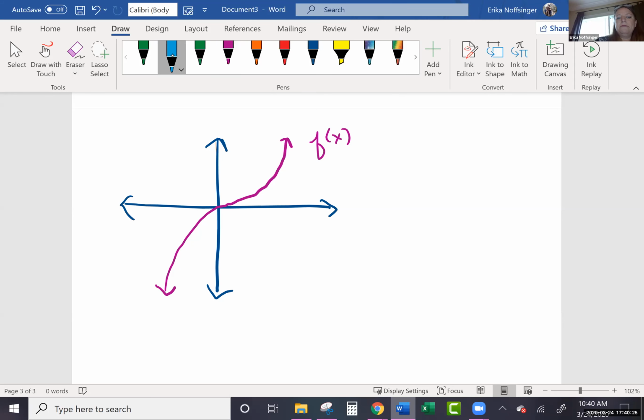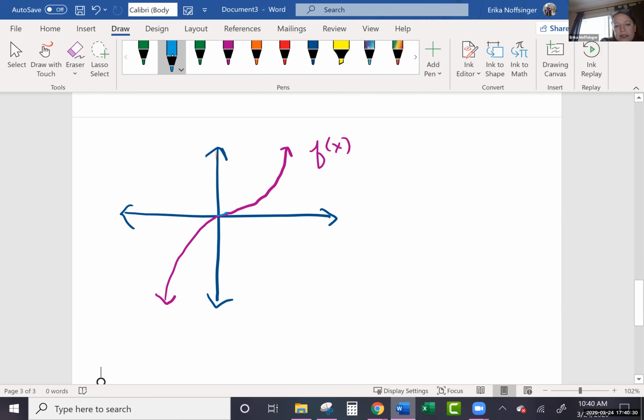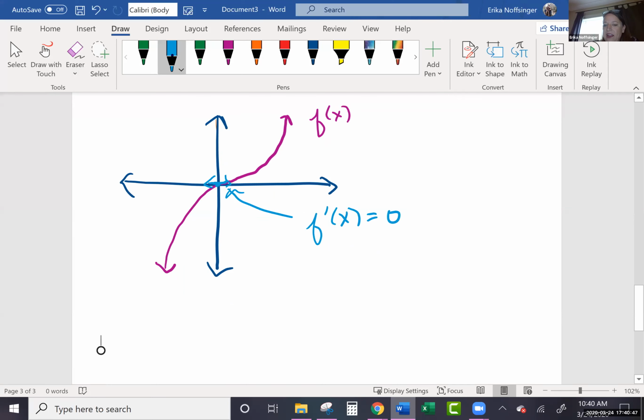But if I didn't have the graph of the function, I wouldn't know that. But if you look at this, there's actually a point in here where f prime of x, our derivative, is equal to 0. But notice that on the left and the right of this, f prime of x is positive because it's increasing. And so here's a point where you have a critical number, but it's neither a max nor a min.